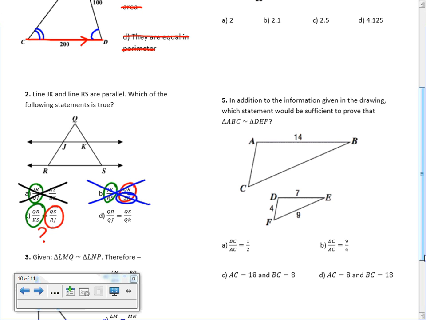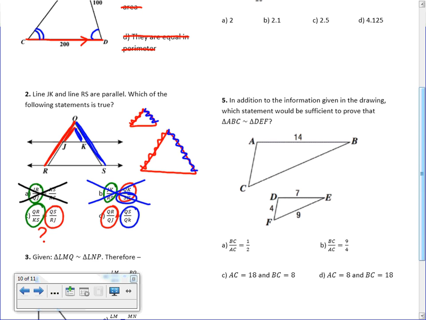D, QR is to QJ, so the little piece. Okay, so if they're looking at the bigger and the smaller triangle again, they're indicating that these two pieces have a relationship, and I'm okay with that. Let's go on to the other one. QS is to QK.